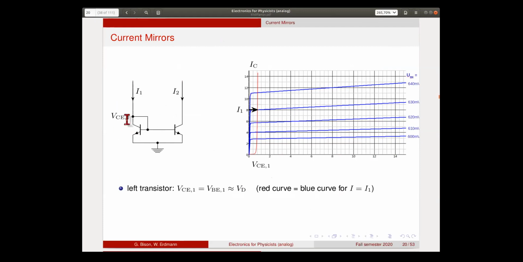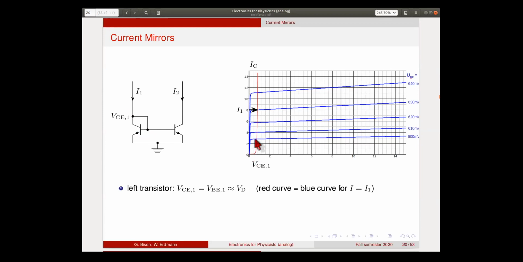So here we have the diode connected transistor, and we have next to it an identical transistor, which has the same base potential. So we connect the bases here. And so the left one with the diode connection has this IV curve as a function of the collector emitter voltage, which is also now the base voltage of this transistor.